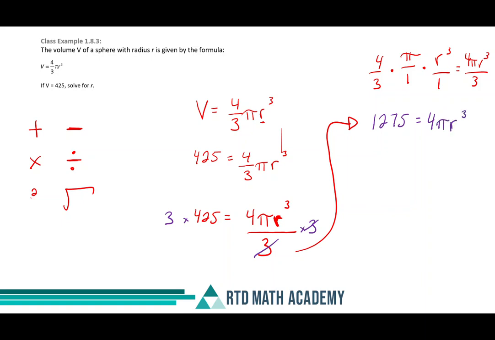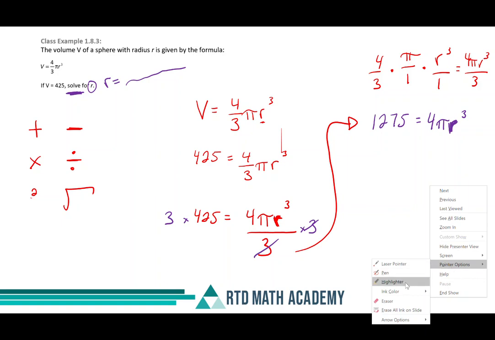Now, again, I'm still looking to isolate or get that r by itself because I want to solve for it. And whenever we see the word solve, what we want is r, or the variable we're looking for, on one side and everything else on the other. So I'm going to keep that r there. Now, you could move the 4 and the pi at the same time. Let's just do one step at a time. I can see right now that I am multiplying 4 times pi times r.